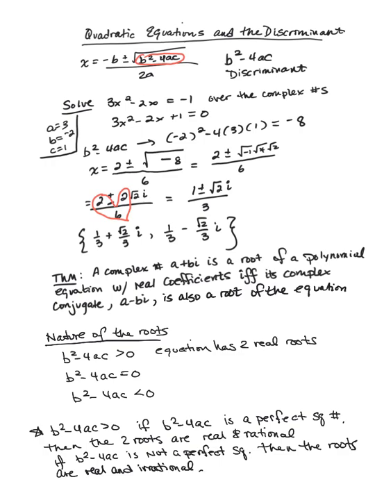Okay, so now for the second case, where the discriminant is 0, you have a double root, it's called. Some people will say it bounces there.